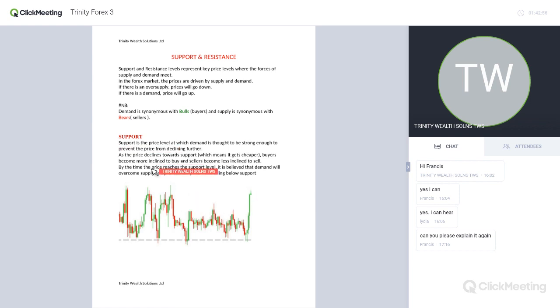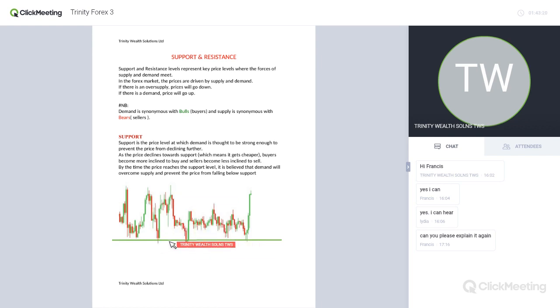When you do your analysis, you notice the price is coming in, it hits there, it jumps. So this is our support line. From your analysis, you notice it is the point where the price touches and bounces back.